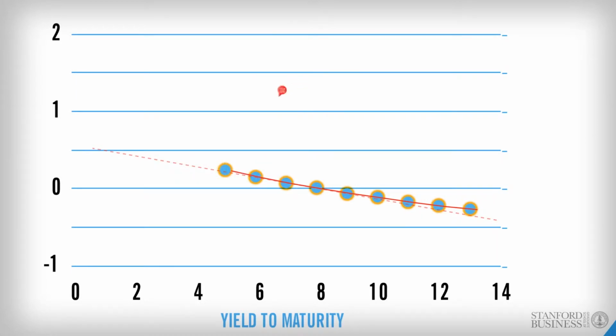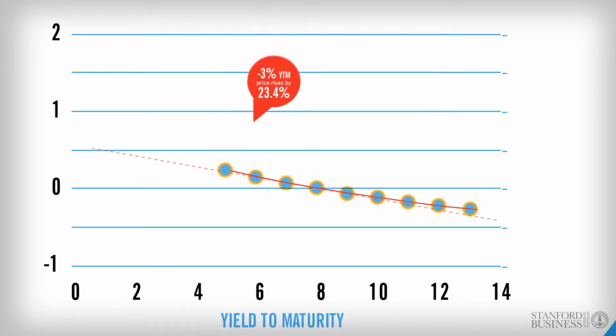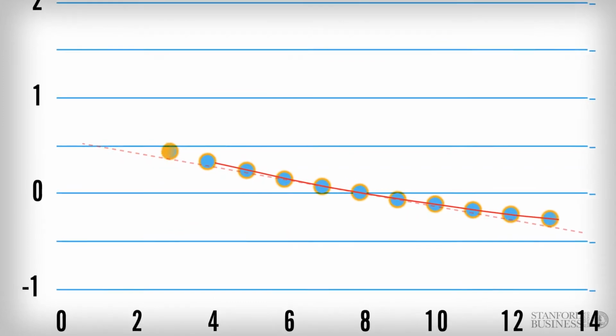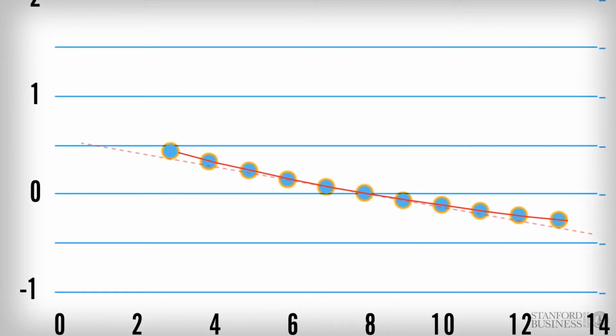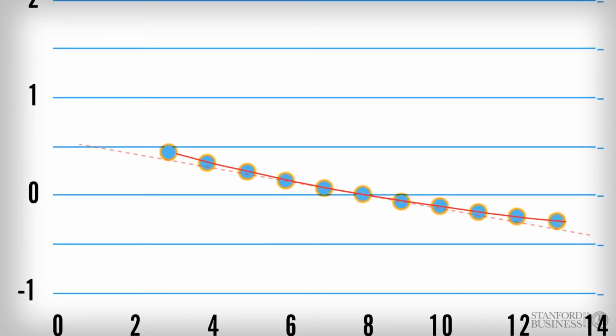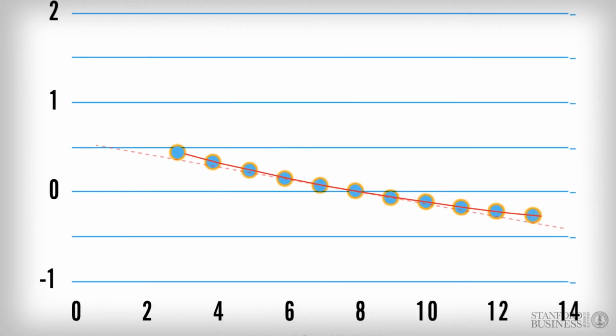And for a 3 percentage point change, it rises by 23.4%. So here, the change in price for each additional decline in interest rates is actually more than linearly proportional. That is, the 14.9% is greater than 2 times the 1-year change of 7.1%, and 23.4% is more than 3 times the 1-year change of 7.1%.